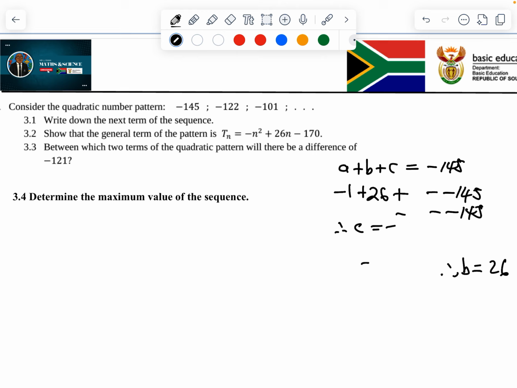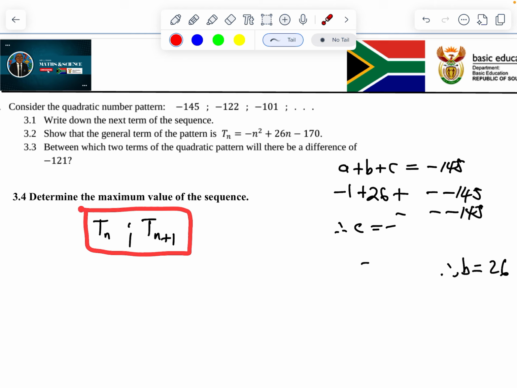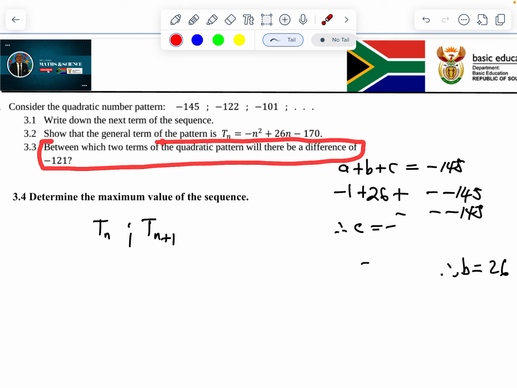Mathematically, consecutive terms can be written like this: Tn plus 1. This is how you can write consecutive terms, or terms that are next to each other, mathematically. Please ensure that you fix the question, I think there's something wrong here.